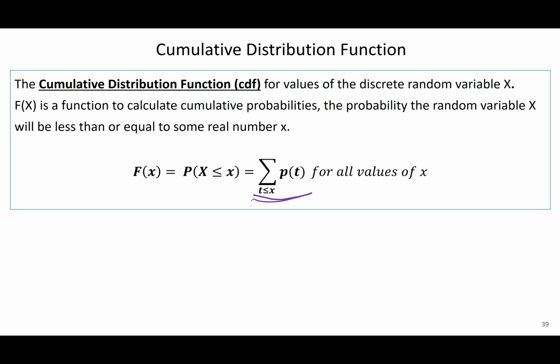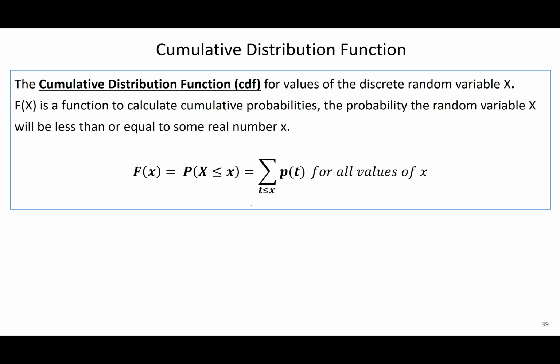For the student email example, say I wanted to ask, what's the probability that students checked their email at least 2 times in the last 24 hours? I want to look at the probability that it's equal to 0, equal to 1, and equal to 2. I want to include anything below that point.